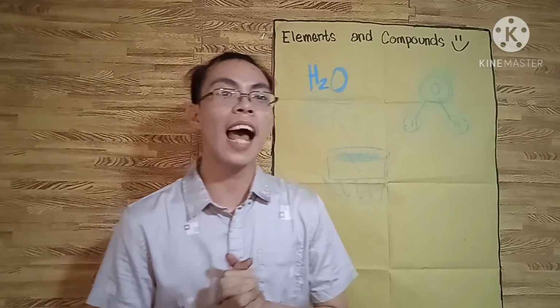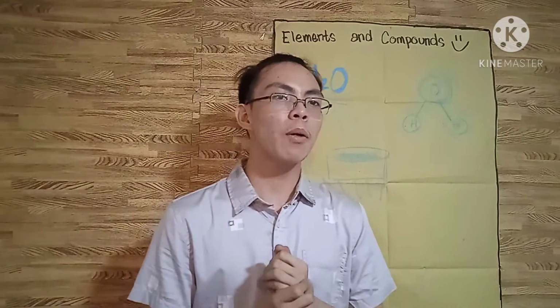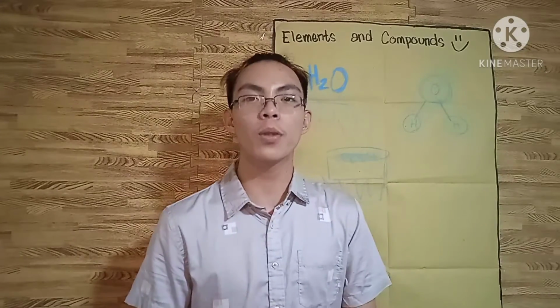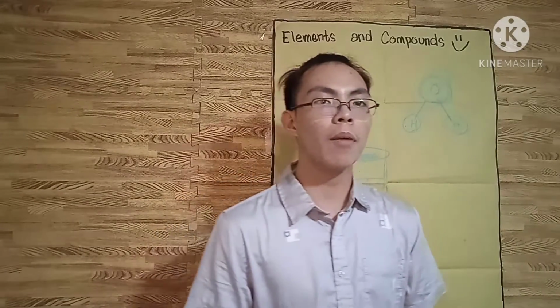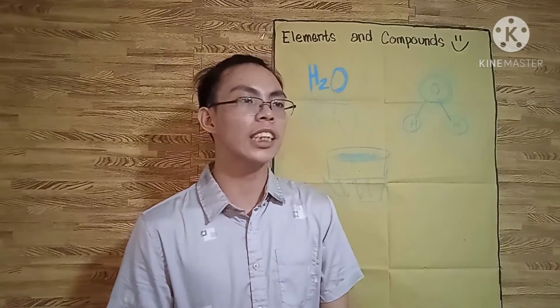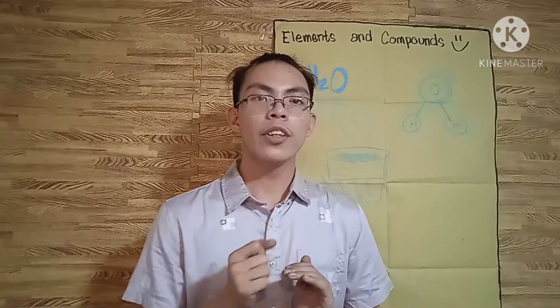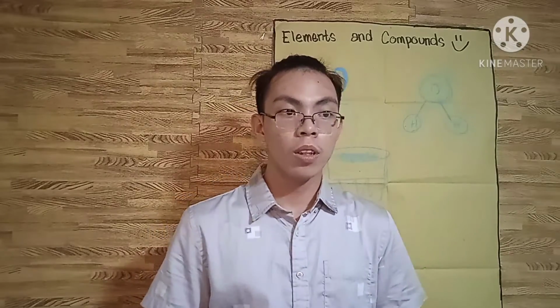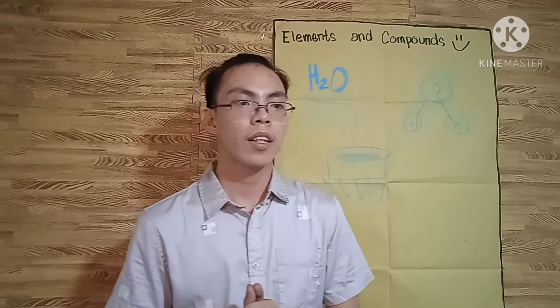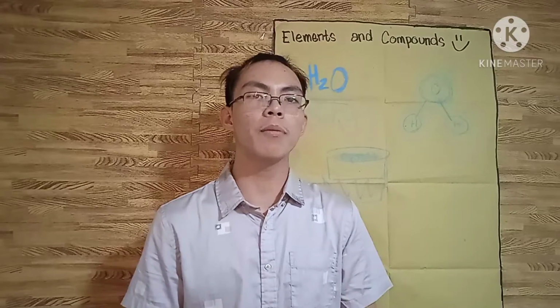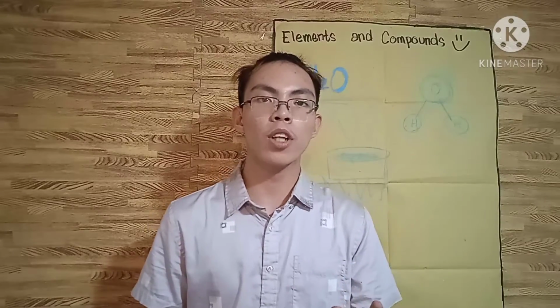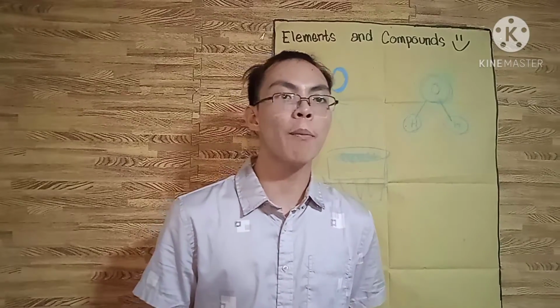Okay, since we still have time, I will be asking everyone to get one whole sheet of paper. Write your name first, your grade and section, and then the date today. You need to create a table with 3 columns. On the first column, write 10 examples of elements and 10 examples of compounds.